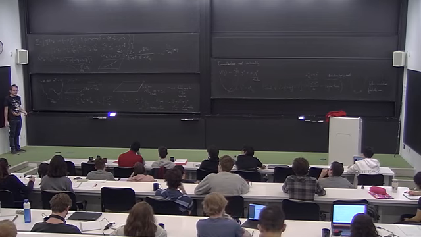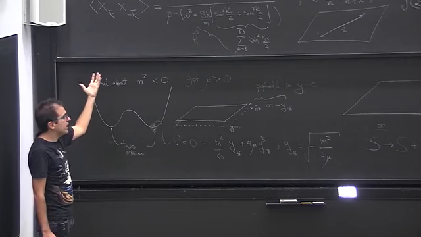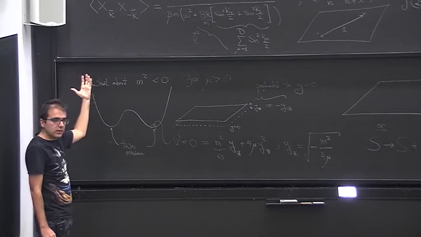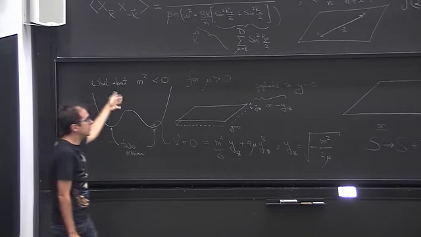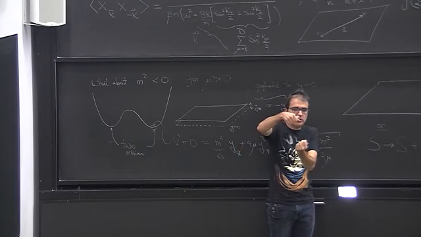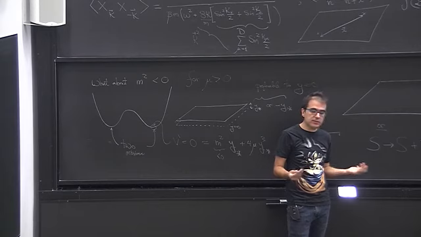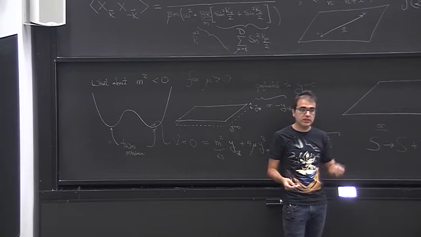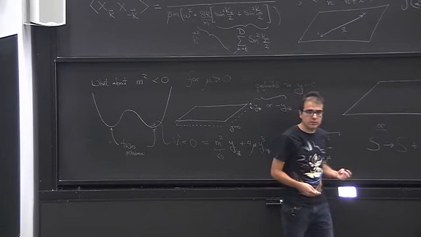For example, we could do this table in any dimension, and we could ask, is it true that in any dimension, if I fix the boundary conditions, it would choose to go to one of the vacua? We will see that it is true in d bigger than 2, but in one dimension it's not true. So that we will see soon.